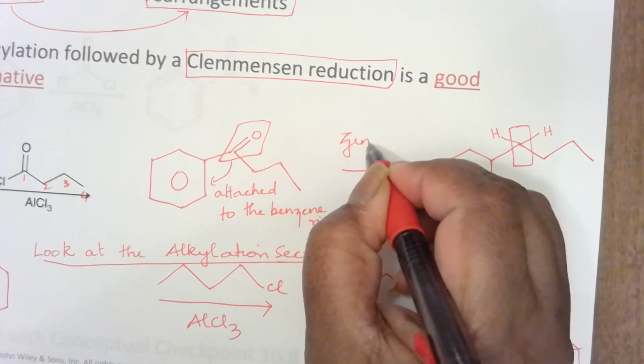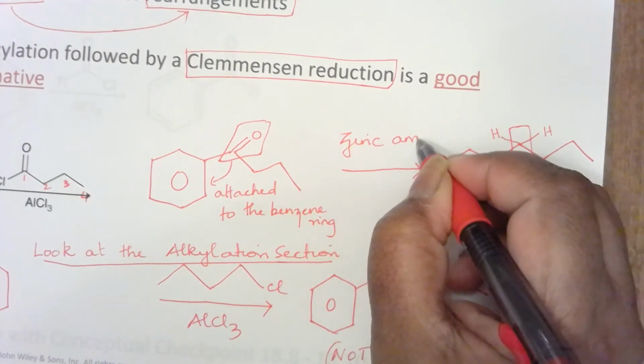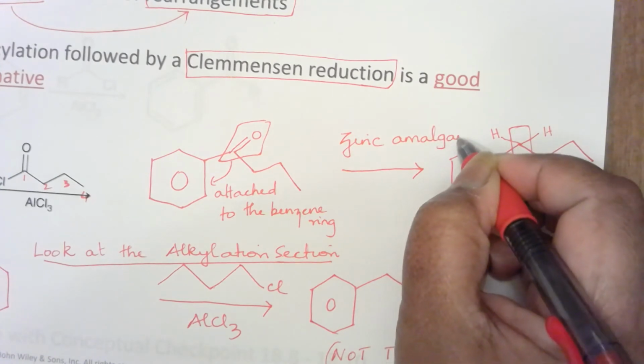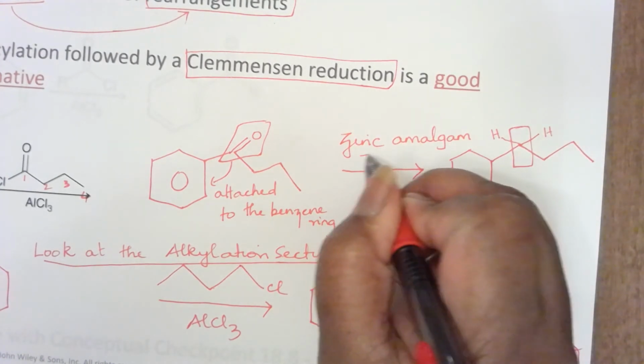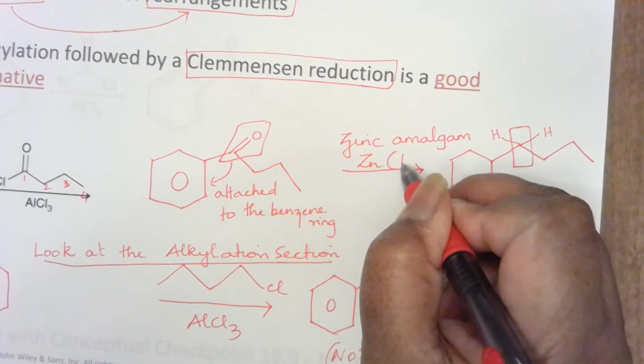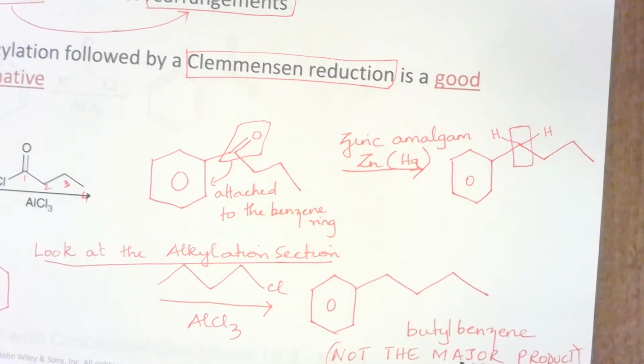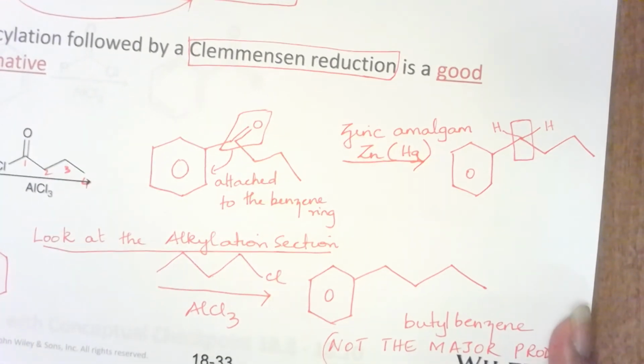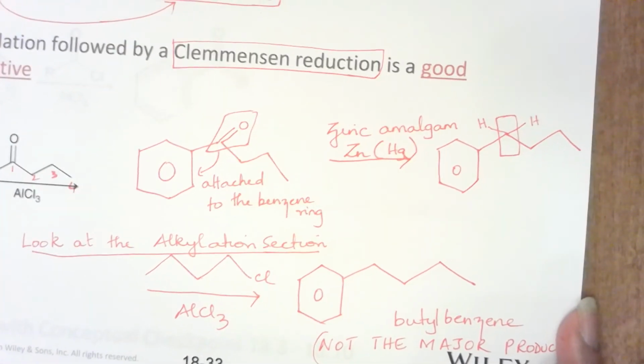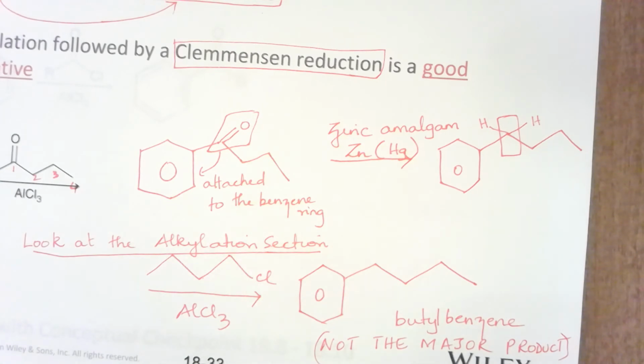This is done using amalgam. Amalgam is mixing zinc with mercury. That's zinc amalgam. They have used amalgams in the past for filling teeth. They don't do that anymore, but any metal mixed with zinc in a certain way is called amalgam.